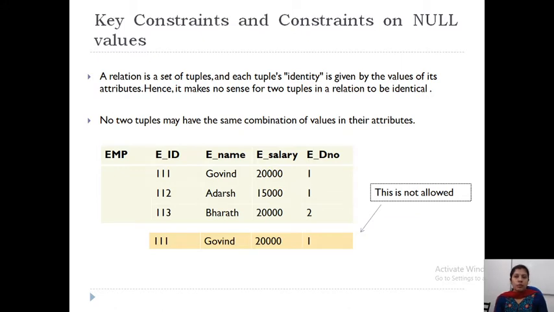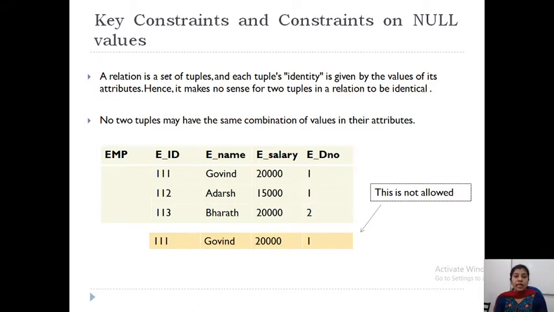See here, 111 Govind 20,000 and department number 1. This information is already there. Now suppose you want to insert the same tuple, the same information, then it will add redundancy in the table, right?